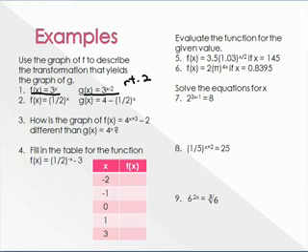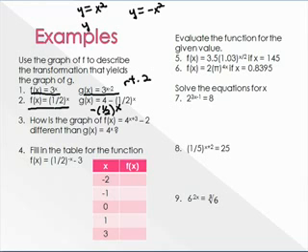Okay? On this one, our parent is f of x is equal to 1/2 to the x. So on this one, oh goodness, what's going on here? Well, there's a negative in front of the function. And remember, a negative in front, like if this is my parent function, y is equal to x squared, and if I put a negative in front, do you remember what that does to it?